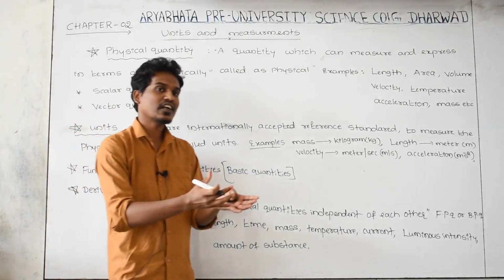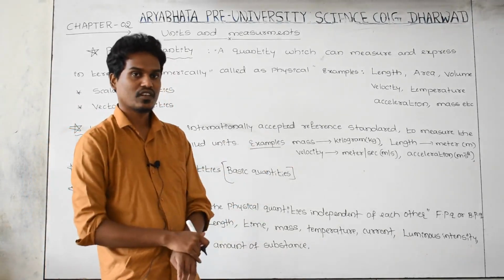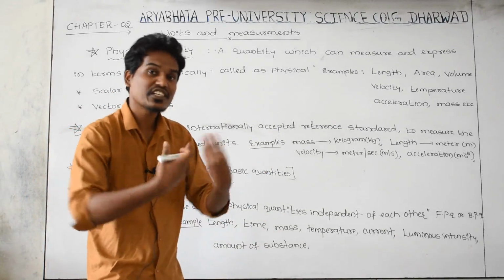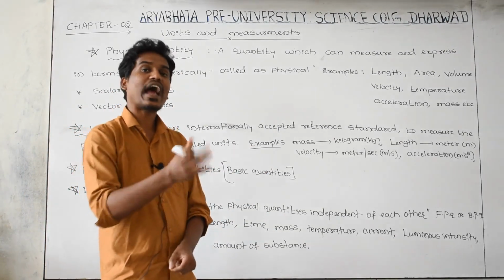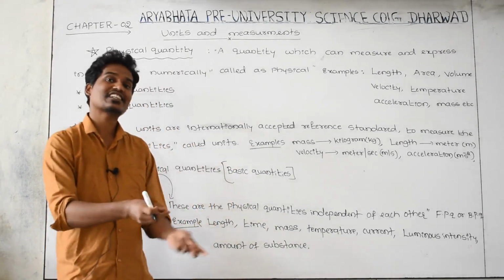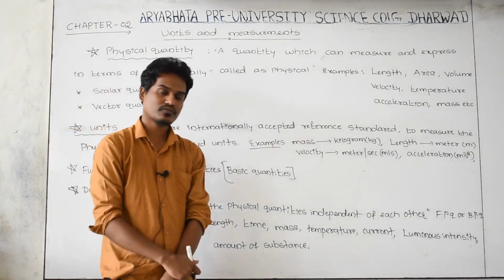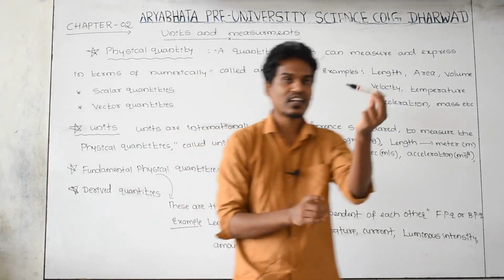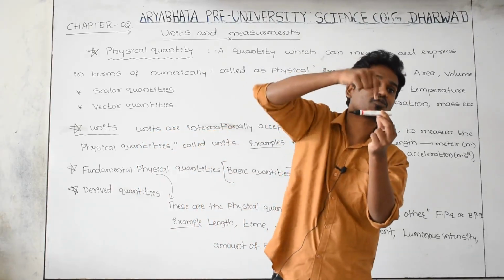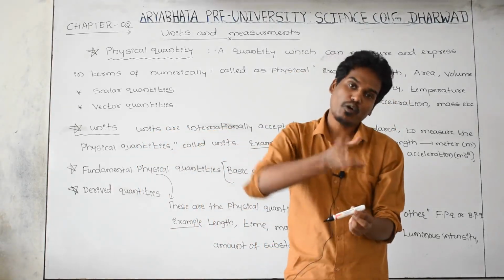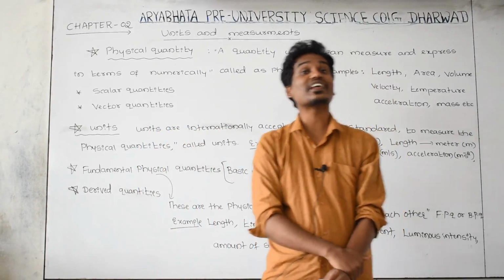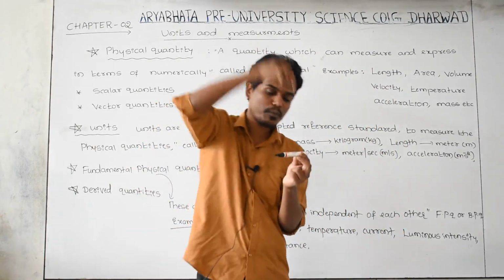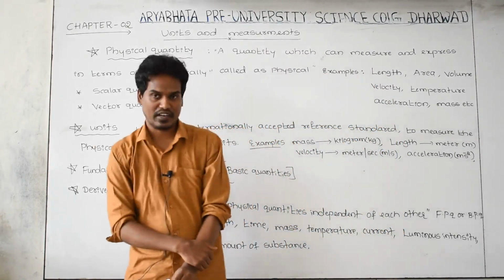How much is that element? Means element is a substance. How many atoms or how many particles are present in that element? Let us consider here the marker. How many particles belong to the marker? That is the amount of substance we are going to measure, in terms of the number of particles present in the matter.